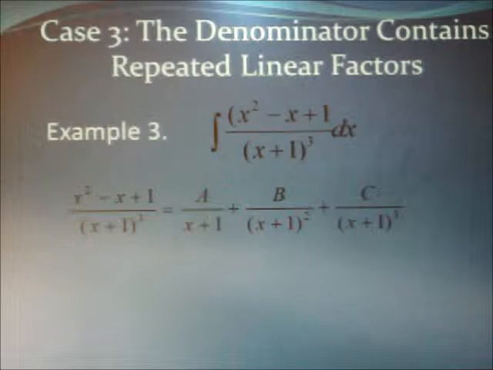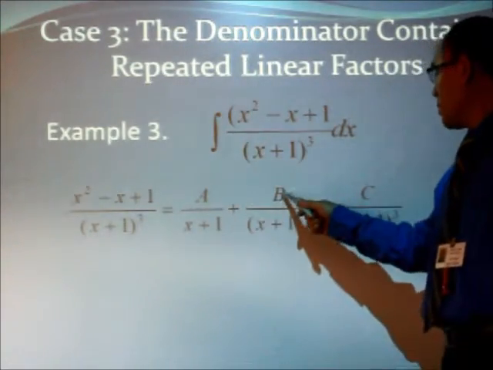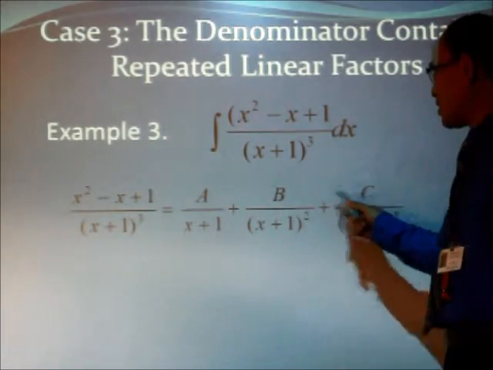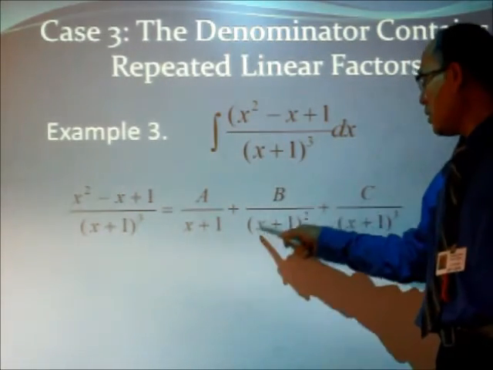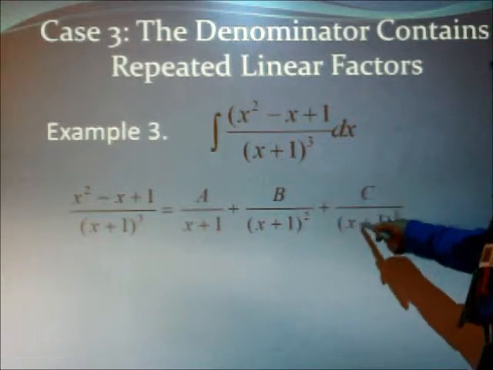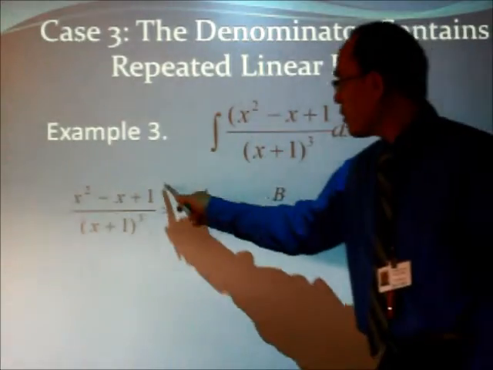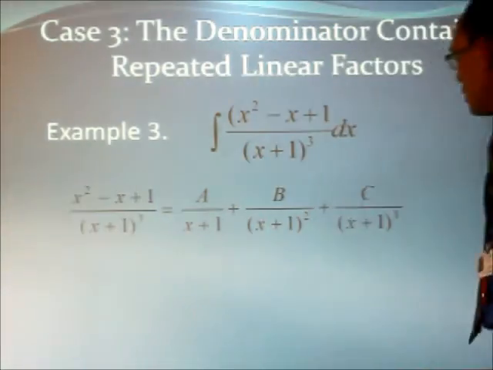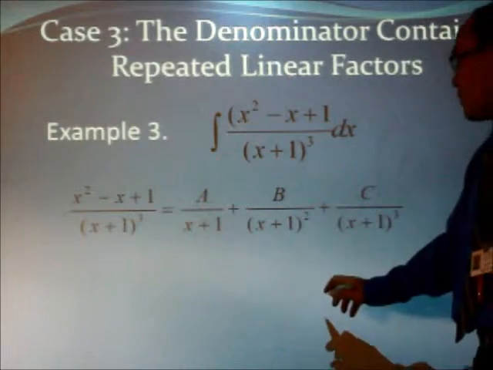So how do we deal with that? Again, we assume that there are constants a, b, and c such that a over x plus 1 plus b over (x plus 1) squared plus c over (x plus 1) cubed will give us this answer. Now, how do we find a, b, and c?